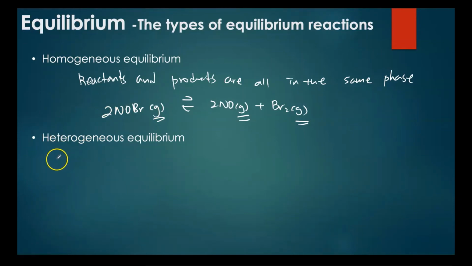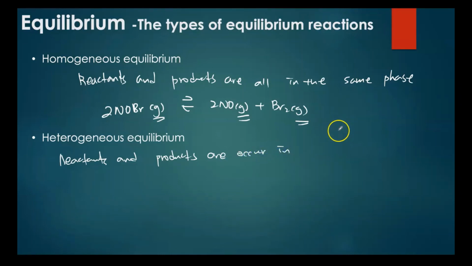Okay, so we say we have a heterogeneous equilibrium when the reactants and products occur in different phases.